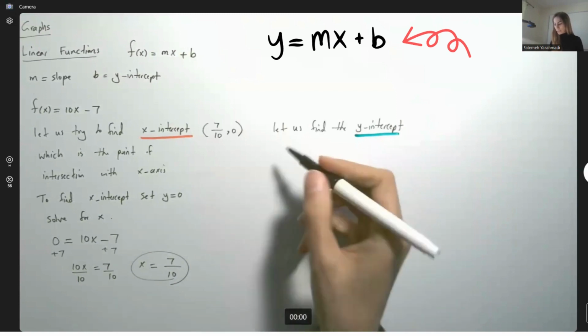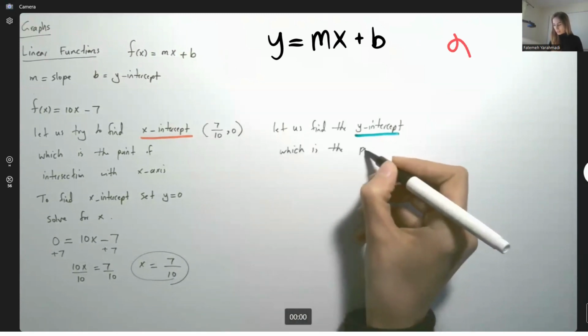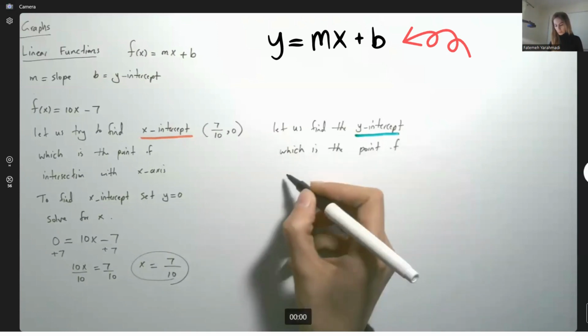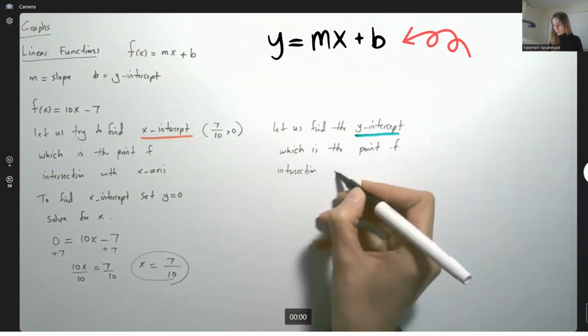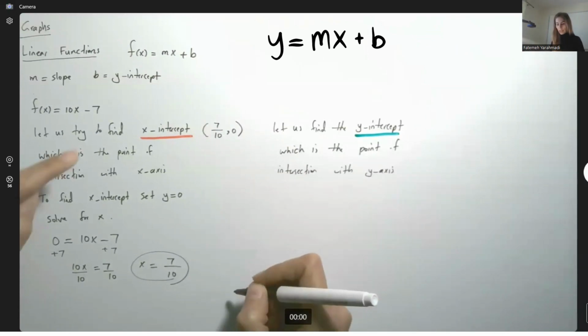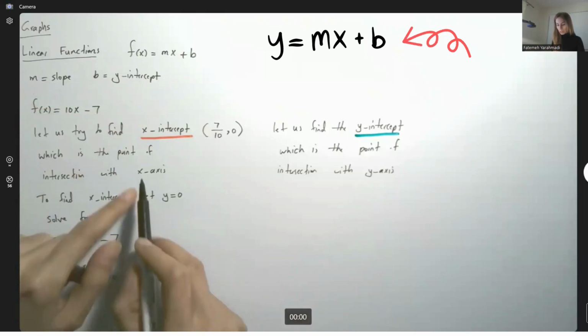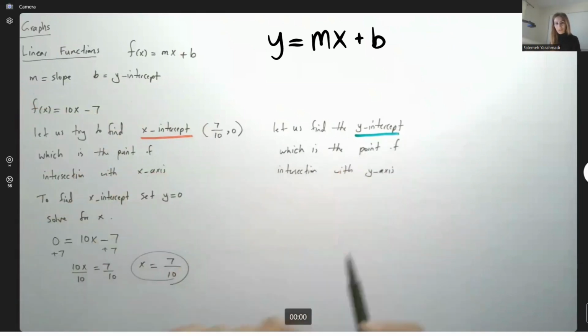The y-intercept is a point which is the point of intersection with the y-axis. So the x-intercept is the point of intersection with the x-axis. The y-intercept is the point of intersection with the y-axis.